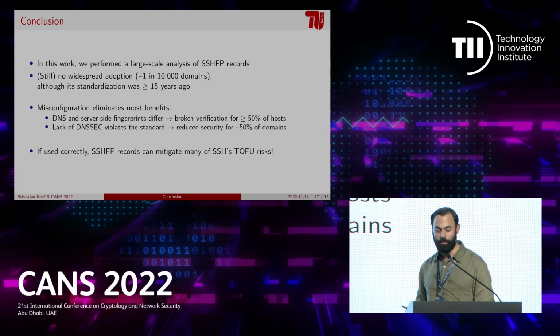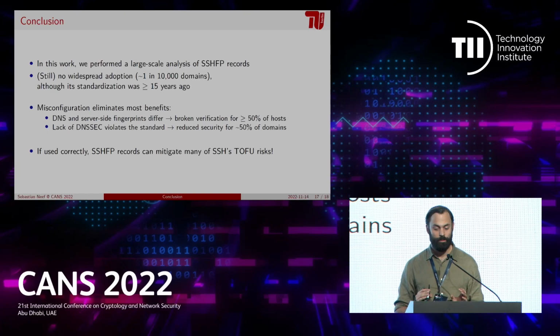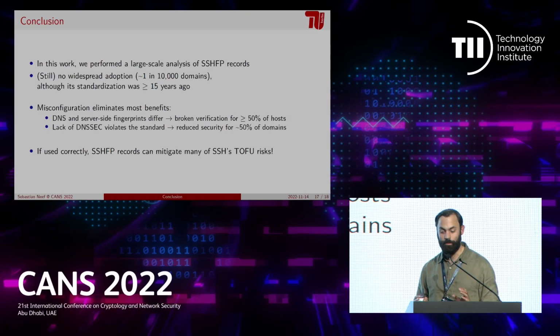If there's no DNSSEC, then the secure transport isn't guaranteed, so the malice in the middle attack could happen at a different level, which also defeats the purpose of proper host key validation. However, if used correctly, the SSHFP records can mitigate many of those trust on first use risks that SSH currently has.